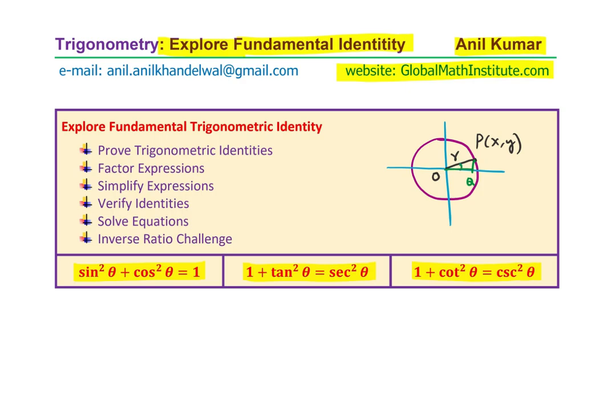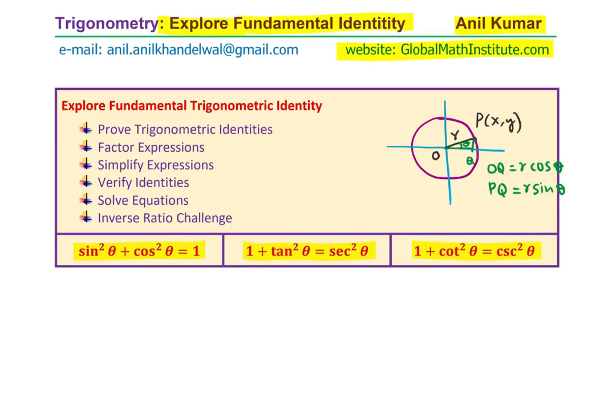If this is the angle theta, then O to Q is r cos theta, and P to Q is r sin theta. Therefore any point on the circle we could also write as P = (r cos theta, r sin theta).